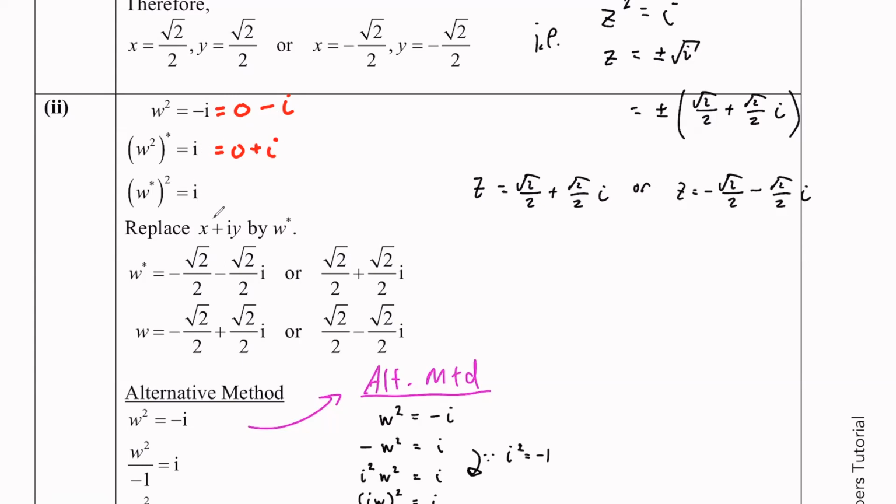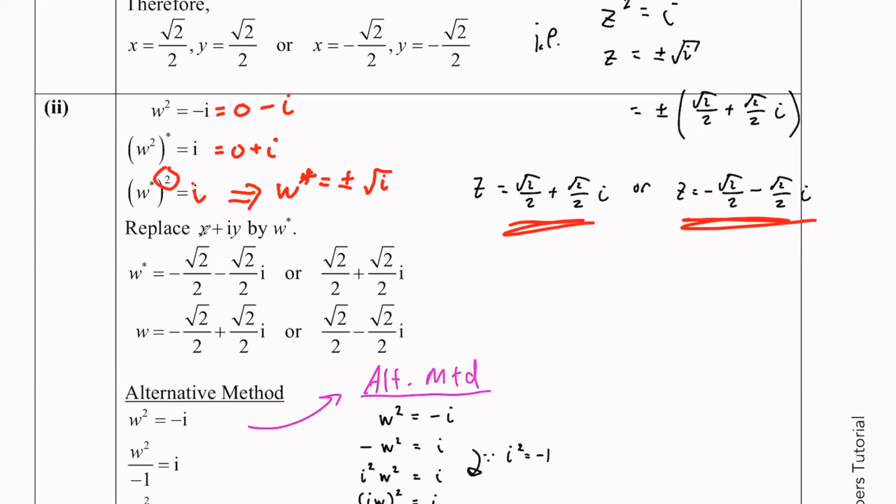What's the benefit in doing that? What it means now is that you got a square, you got an i. So you can solve for w star, which is plus minus square root of i, which we already found. It's over here and over here. Correct or not? So we can solve for w star, but later on we just conjugate that and then we can solve for w. Does it make sense?